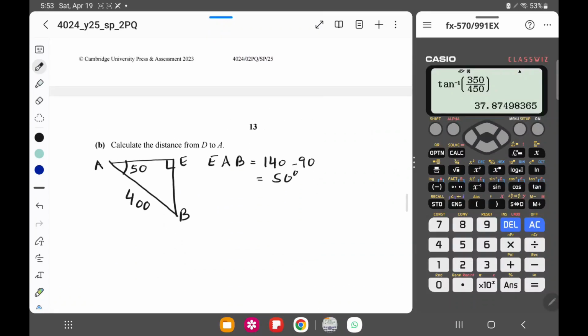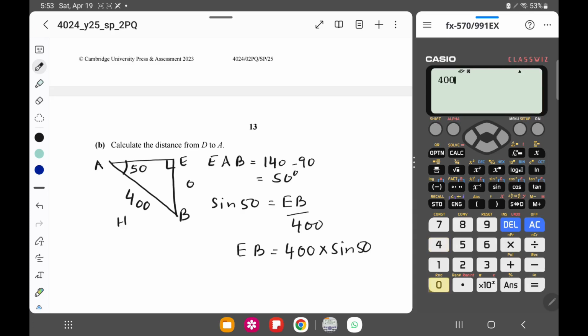So what are we going to do? We are going to find EB. It is opposite, and 400 is the hypotenuse. Sine of 50 degrees is equal to EB upon 400. So EB is equal to 400 times sine 50 degrees, that is equal to 306.42.